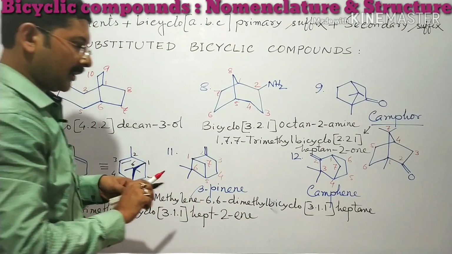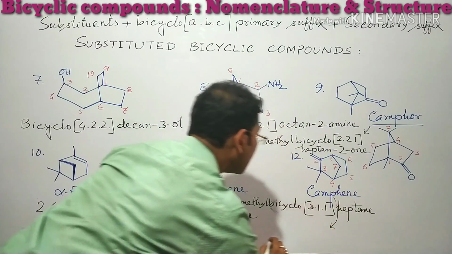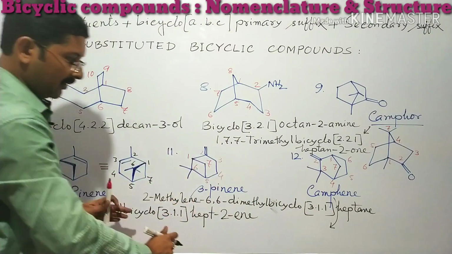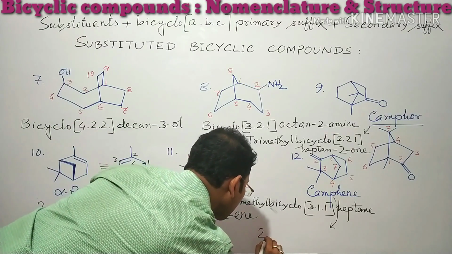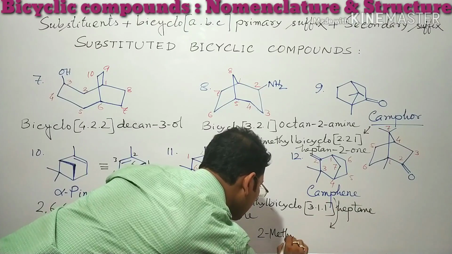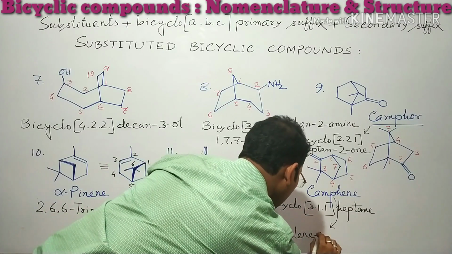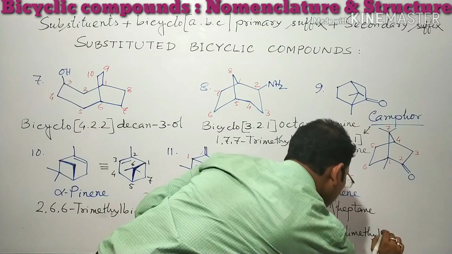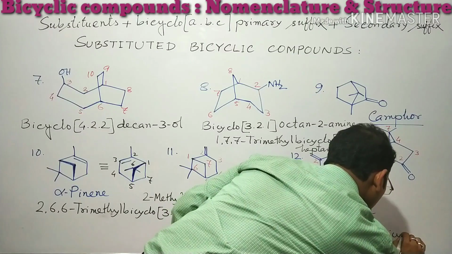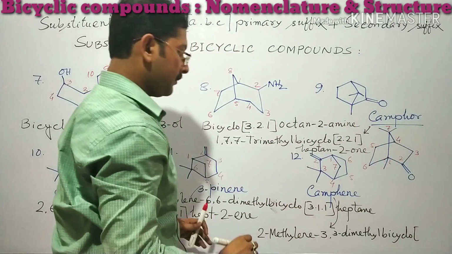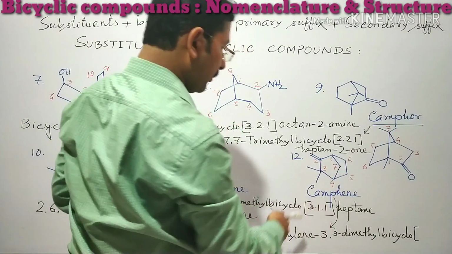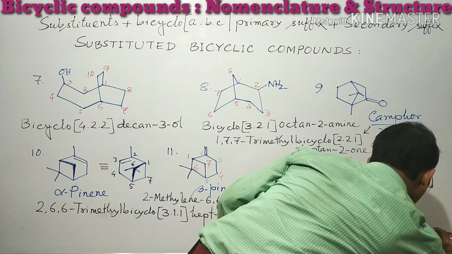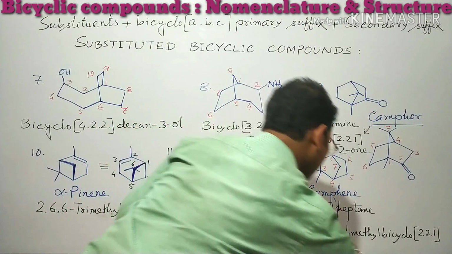So the name of the compound camphene is again 2-methylene-3,3-dimethylbicyclo, 2, 2, 1. Total 7 carbons are there, so it is heptane.